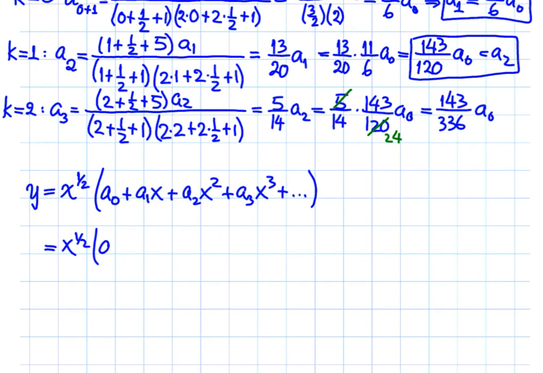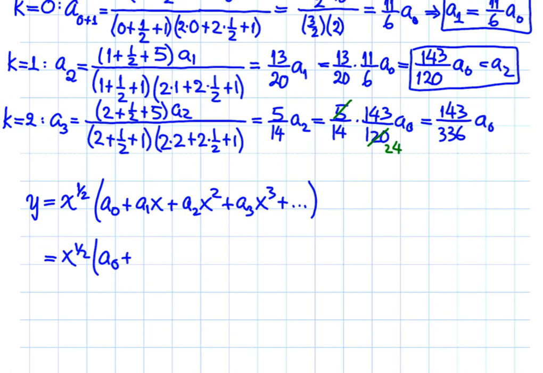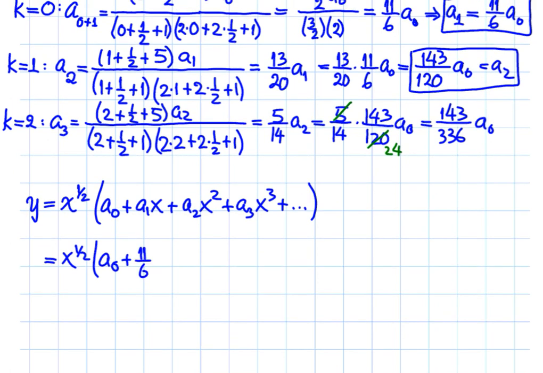A0 is A0. A1 is 11/6 x. A2 is 143/120 x squared. A3 is 143/336 x cubed.